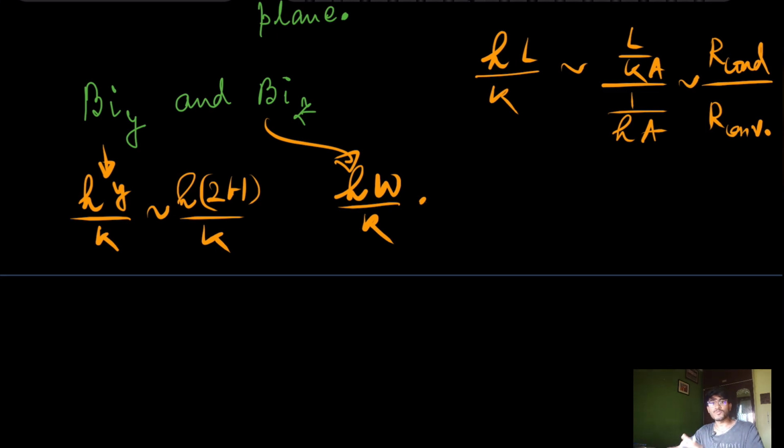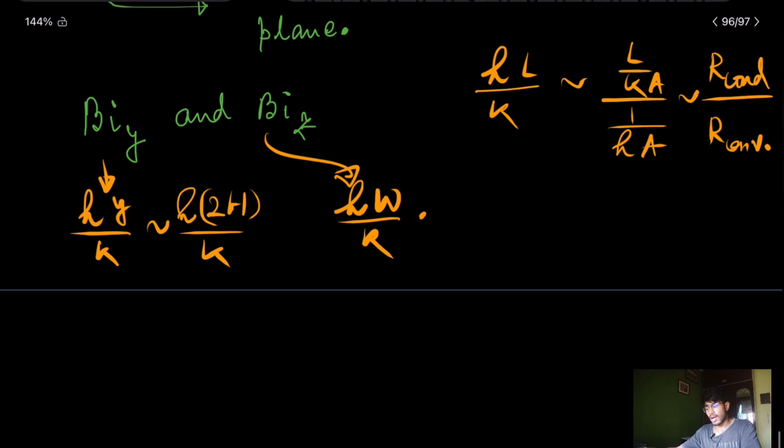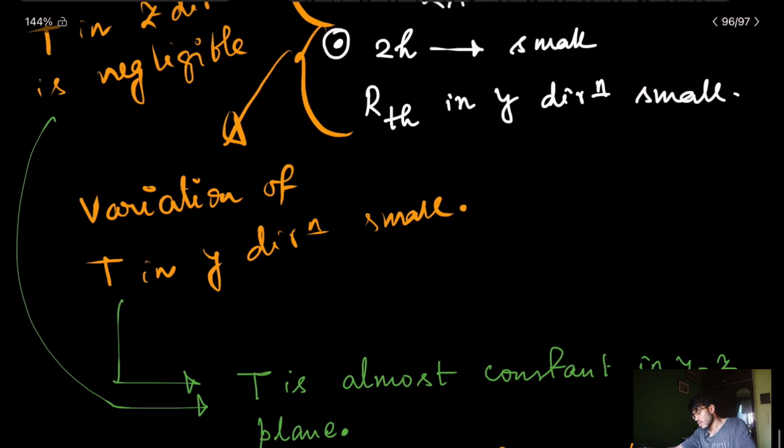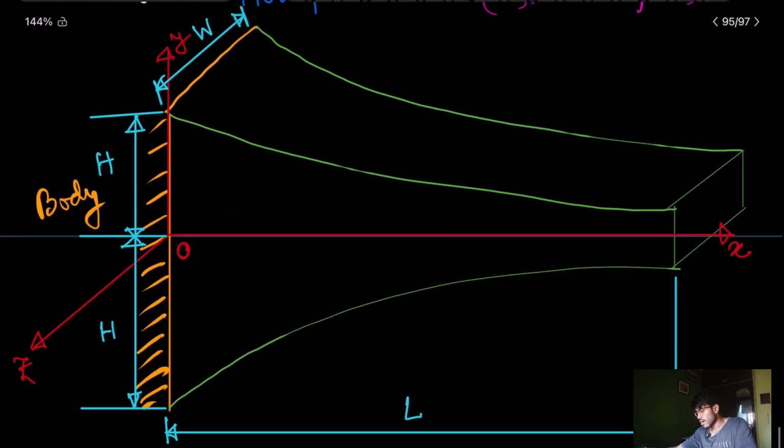In both cases we are neglecting the temperature variation, but for different reasons. And if h is very high, then we cannot neglect it. Then the Biot number will be very large, and if the Biot number is very large, then either our convection is very small or our conduction is very large. I hope the argument is clear.